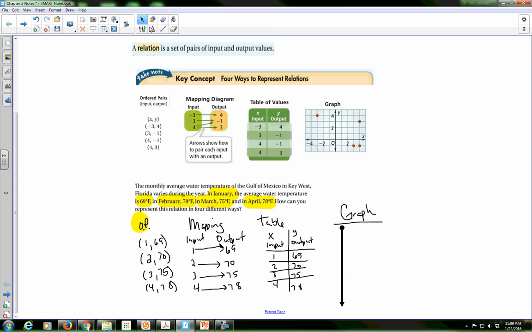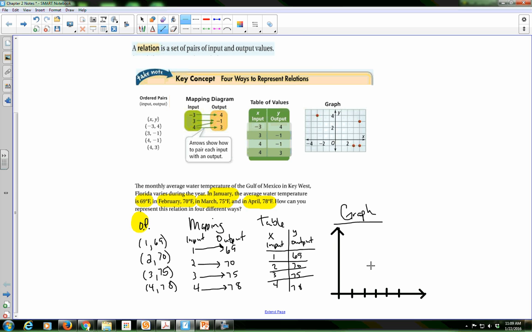Although I don't like that. And on my x-axis, I need a 1, 2, 3, 4.